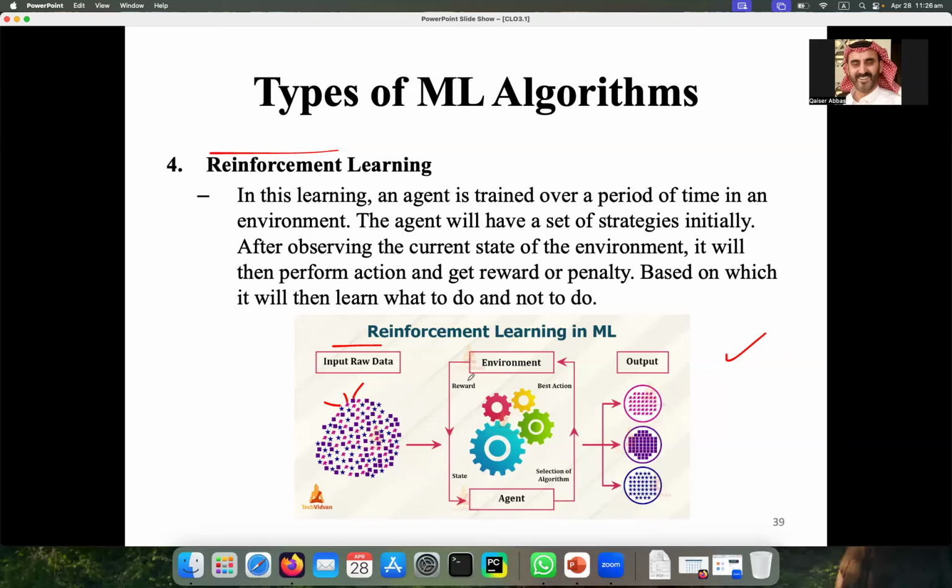If the agent performs well, then the agent will have the reward. And if the agent does not perform well, then the agent will have a penalty at this point. But here we can write only one word, reward or penalty.